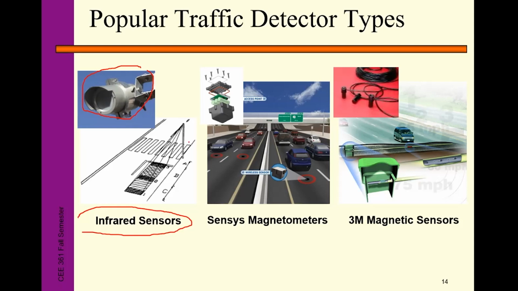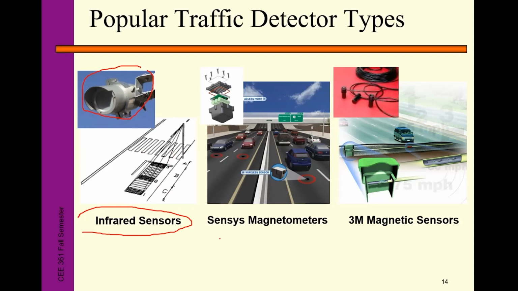For example, the pavement surface is normally pretty cold, and when the vehicle passes through, the vehicle engine is hot. So based on the difference in temperature, the infrared camera can detect objects. It could be human beings, it could be vehicles. It depends on the application.